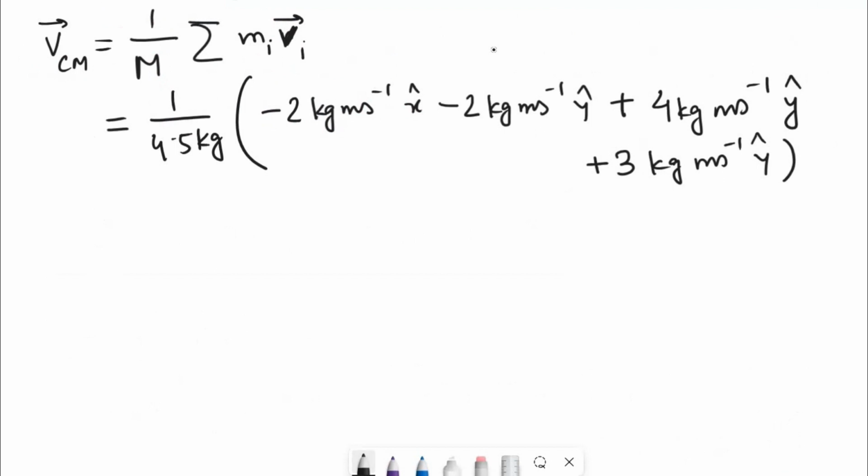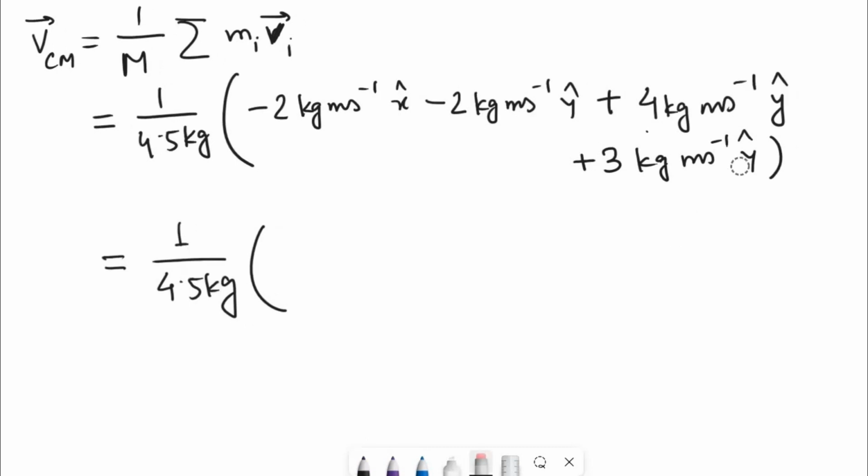So let's just simplify these numbers. So again, 1 over 4.5 kg, and then times 4, sorry, I think this term here was supposed to be just the x hat, right? Yeah, it's a little mistake. This is going to be x hat.